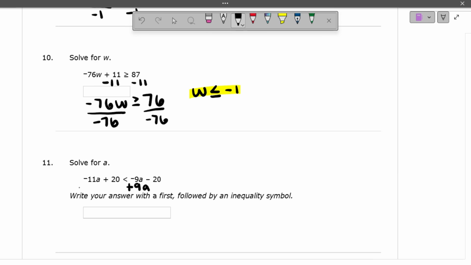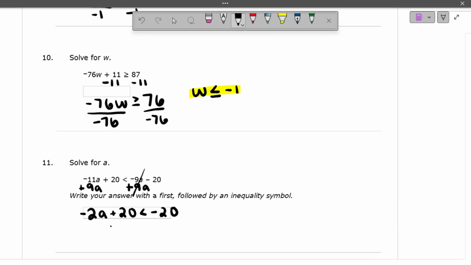So plus 9a to both sides, because we have a negative 9a here. So that'll cancel it out. So this will be a negative 2a plus 20 is less than a negative 20.